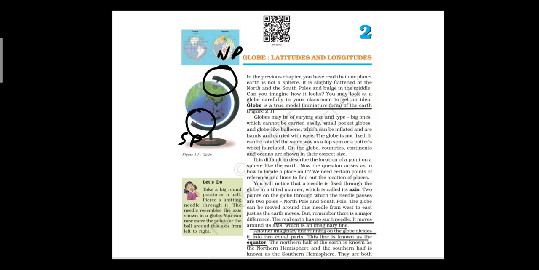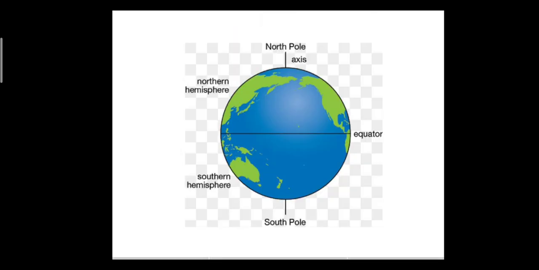So the part towards the north is known as the northern hemisphere, and the part towards the south is known as the southern hemisphere. As you can see in this image, the equator is a line drawn from the center. The part towards the North Pole is the northern hemisphere, and the part towards the South Pole is the southern hemisphere.